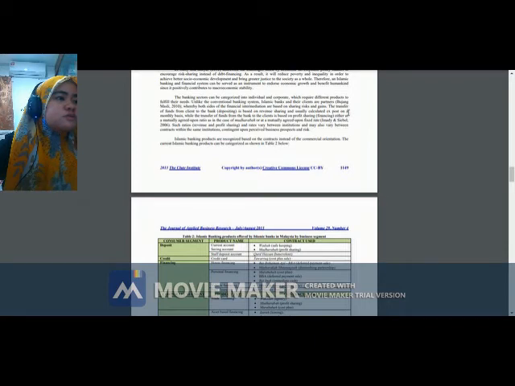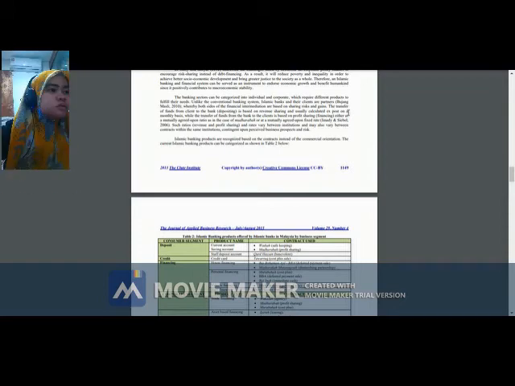Number 5 in this journal is the legislation and the regulation. They talk about the regulation.